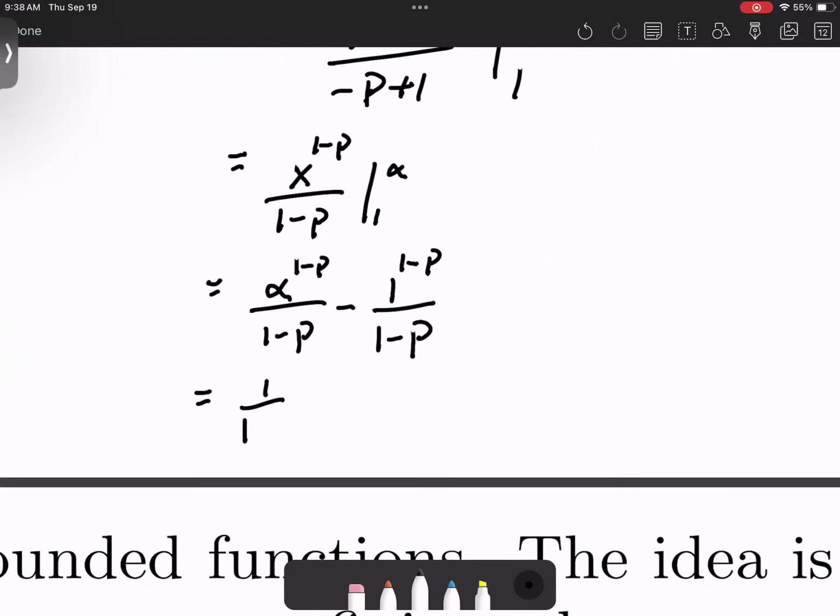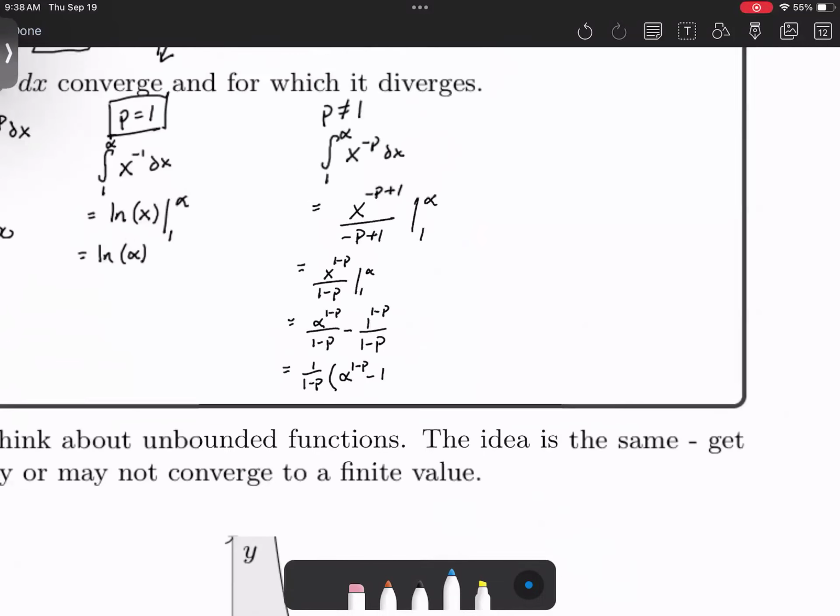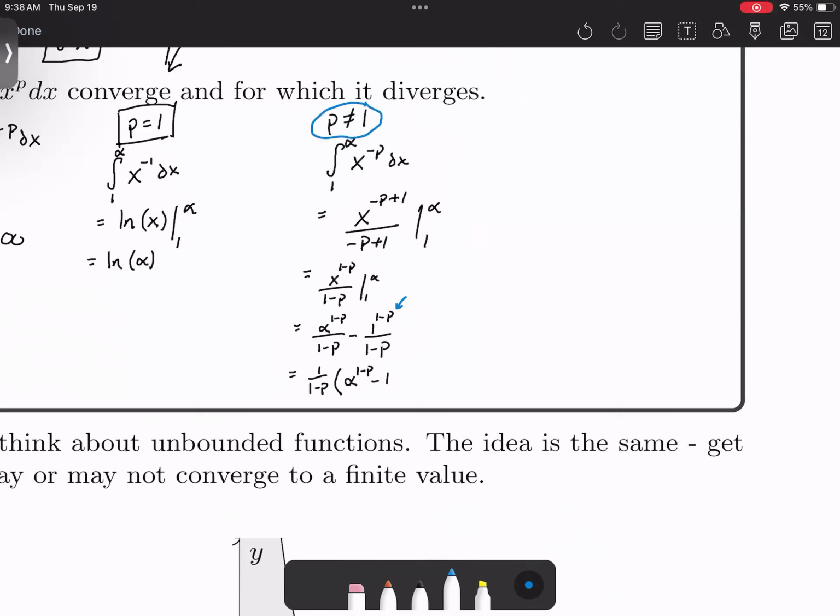So I'm dividing by 1 minus p, and I'm left with alpha to the 1 minus p minus a 1, because 1 to the anything is just going to be a 1, right? As long as that p is not 1, but that's the subcase that we're involved in. We know that p is not equal to 1, which also means that this denominator is not going to be 0. So everything here makes sense.